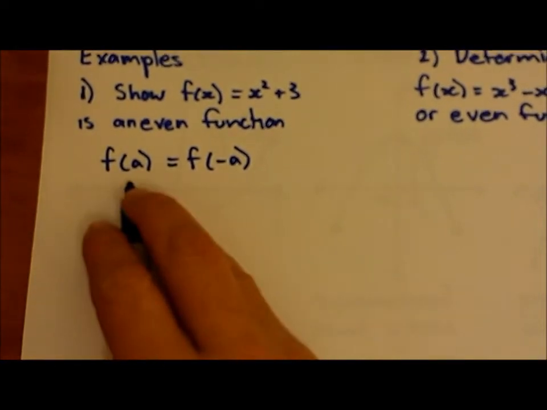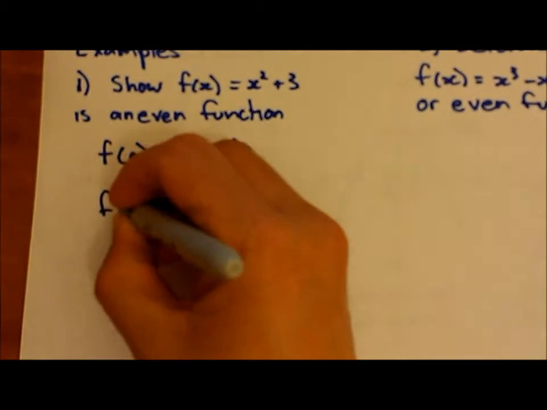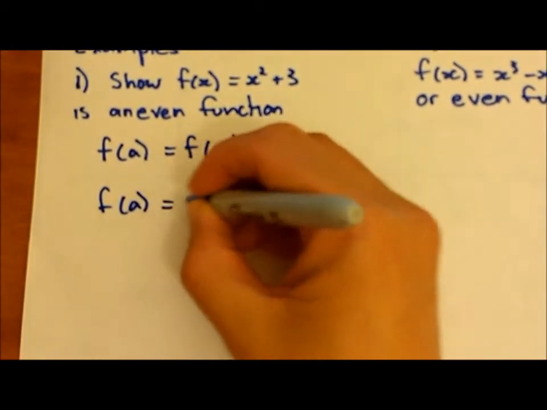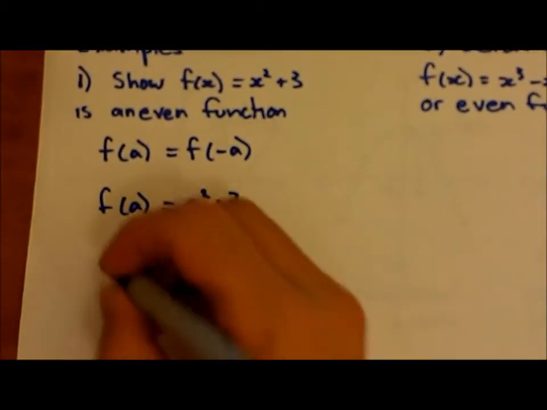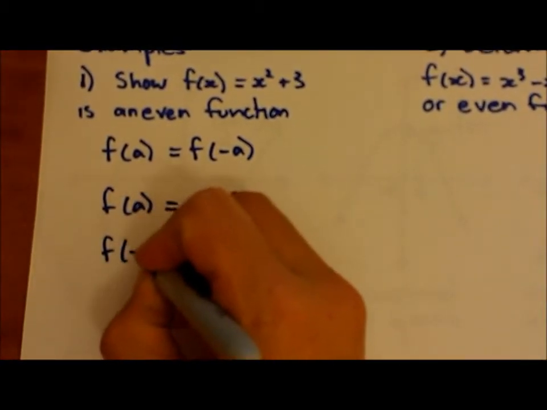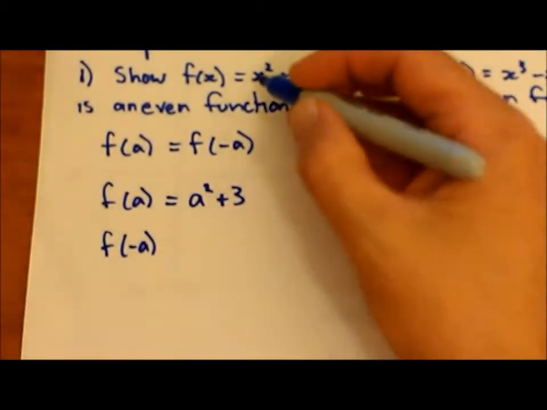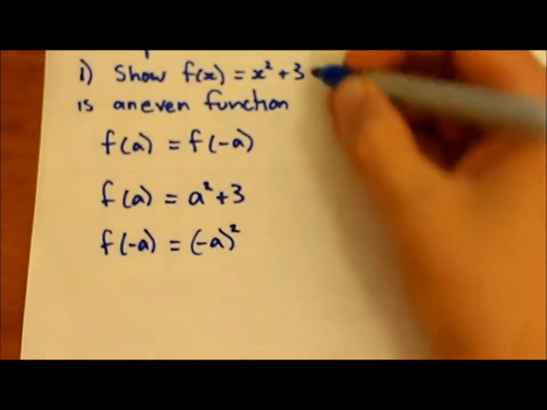So I'll take a and substitute that. From function notation, function of a means I'm replacing my x with an a, so I get a squared plus 3. Function of negative a again means replacing x, but this time with negative a, so instead of x squared, I get negative a squared plus 3.